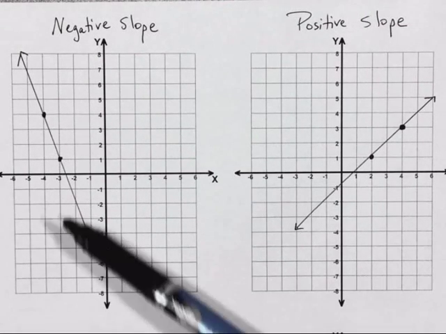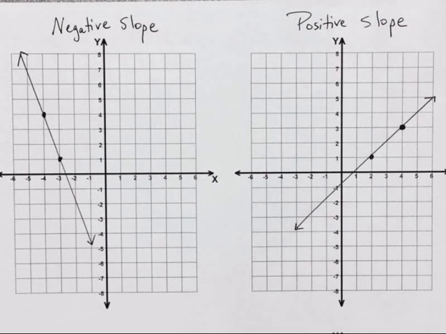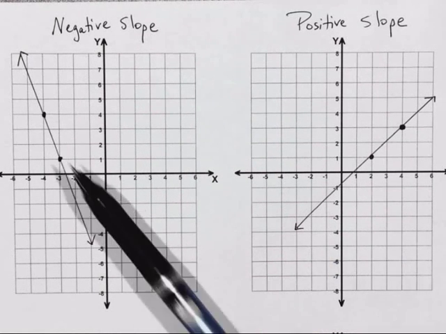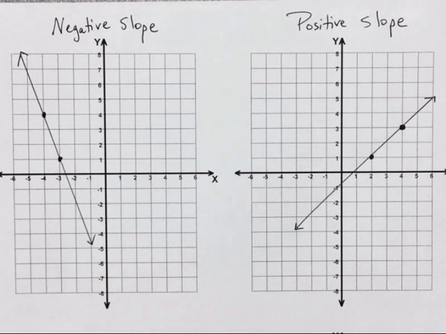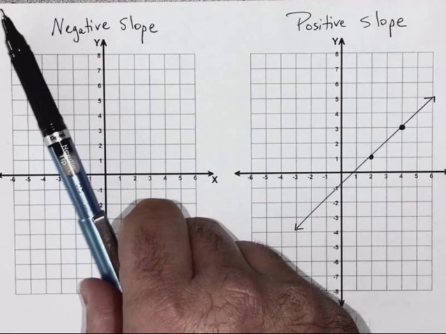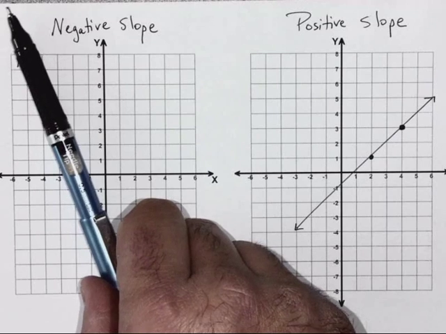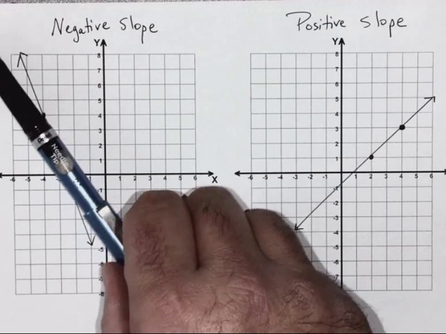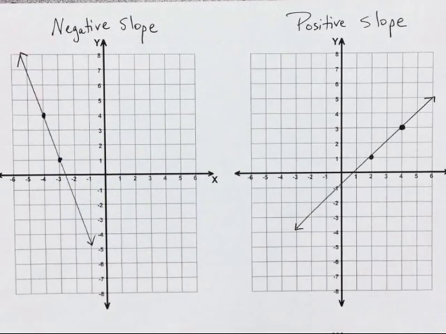Negative slope implies that a line is going to be moving downward from left to right, as this picture depicts here. And of course, the steeper this line is, the more slope it has, and the less steep the line is, the less slope it has.